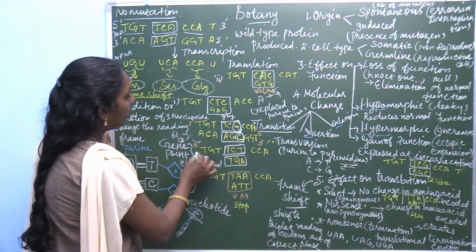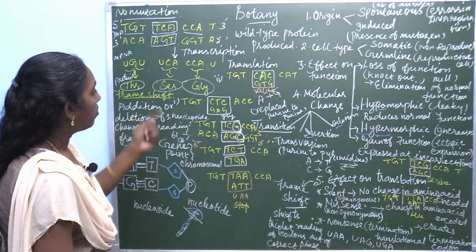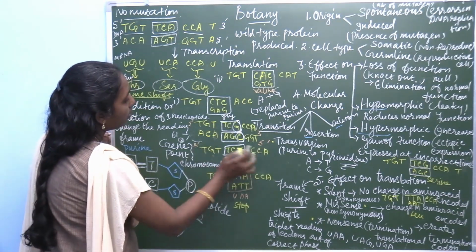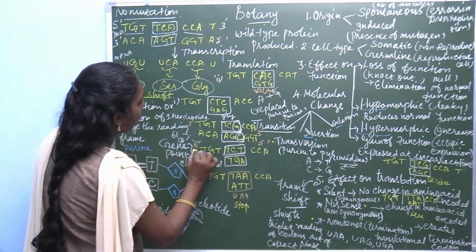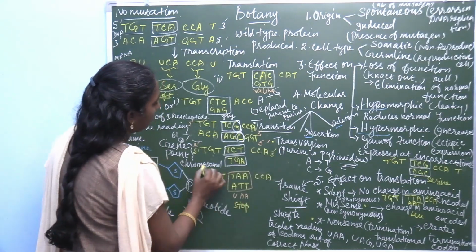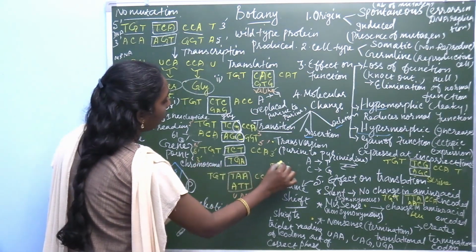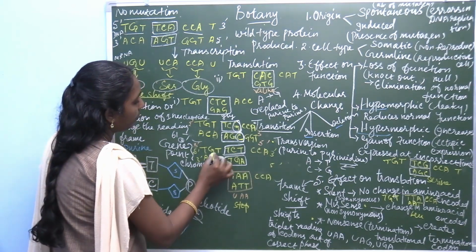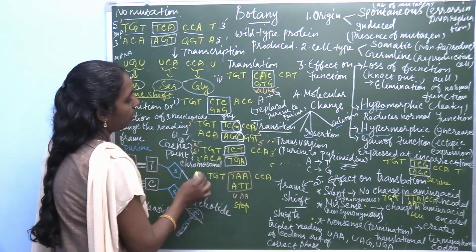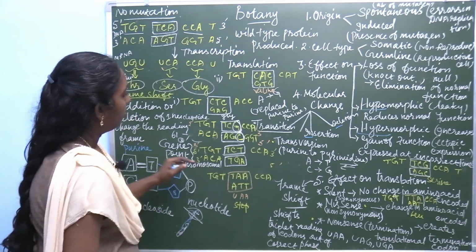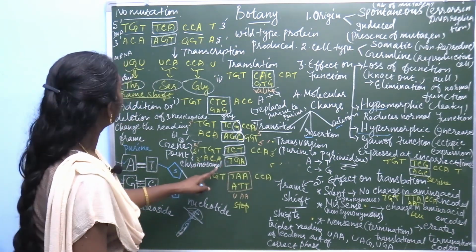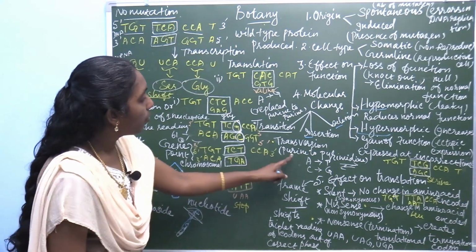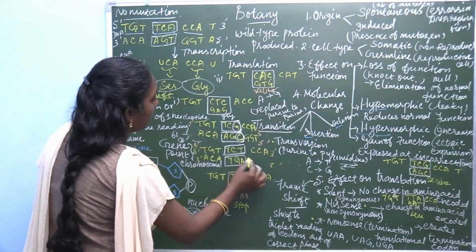Here TGT is the normal sequence. It is replaced here. First sequence is 5' to 3', then 3' to 5'. Here T, so it comes as A, C, A. Here there is a purine to pyrimidine replacement.